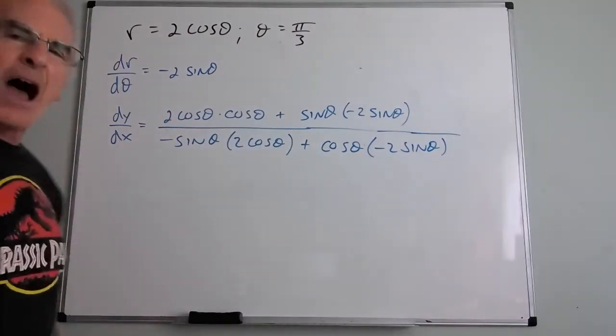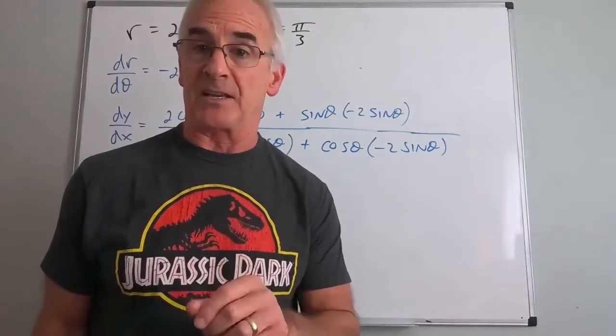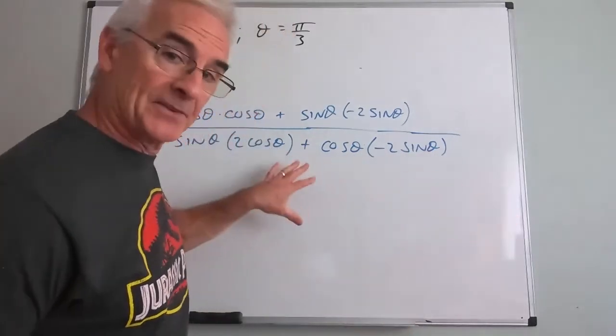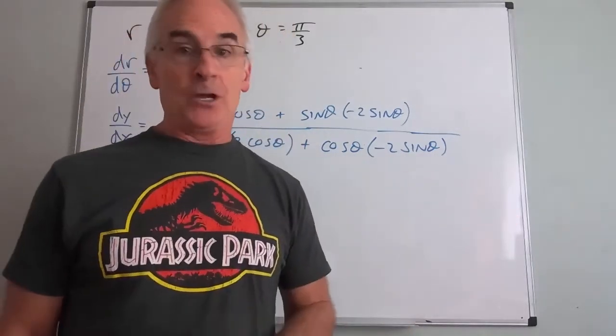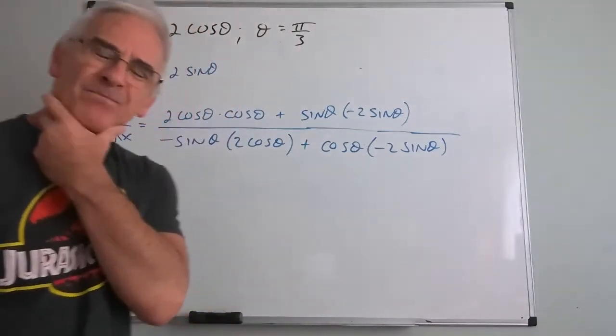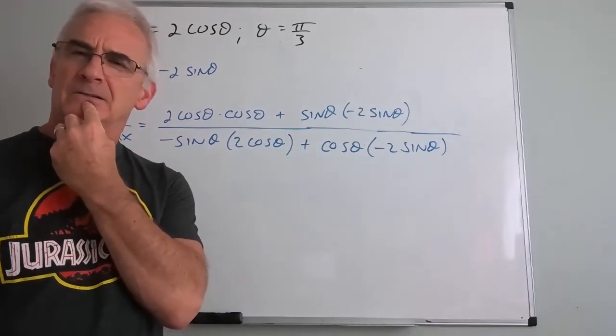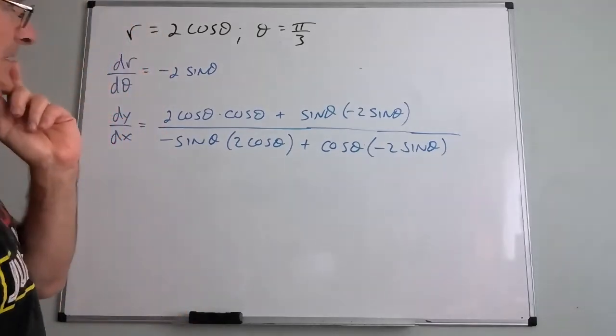Now, how far you simplify it is not that critical, because the question says evaluate this answer at pi over 3. So right now I could put the pi over 3 in. Why is that maybe not a great idea? Anybody?